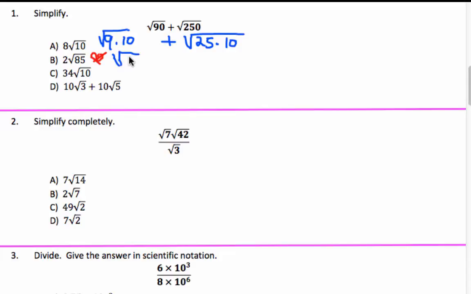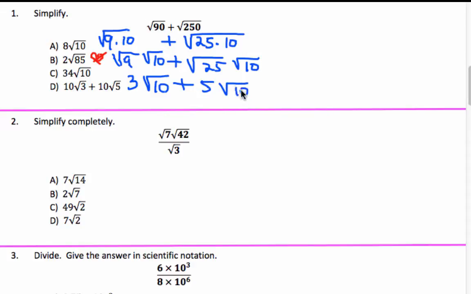The square root of 9 times the square root of 10 plus the square root of 25 times the square root of 10. Well, this is looking good now, since we're going to wind up with square roots of 10. The square root of 9 is 3, so that's 3 times the square root of 10. The square root of 25 is 5, so we get 5 times the square root of 10.